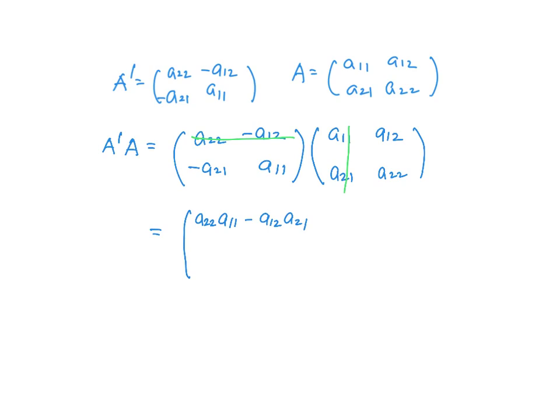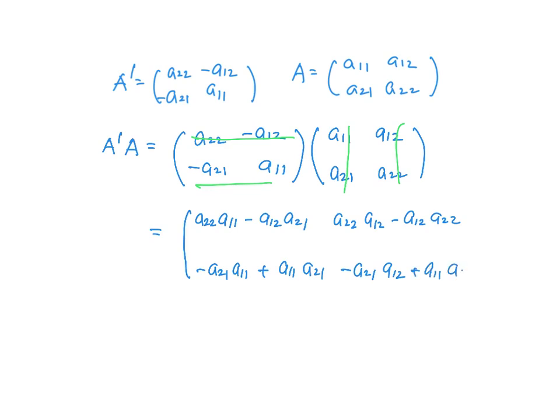And this, A22, A12 minus A12, A22. This, minus A21, A11 plus A11, A21. Last element, minus A21, A12 plus A11, A22.